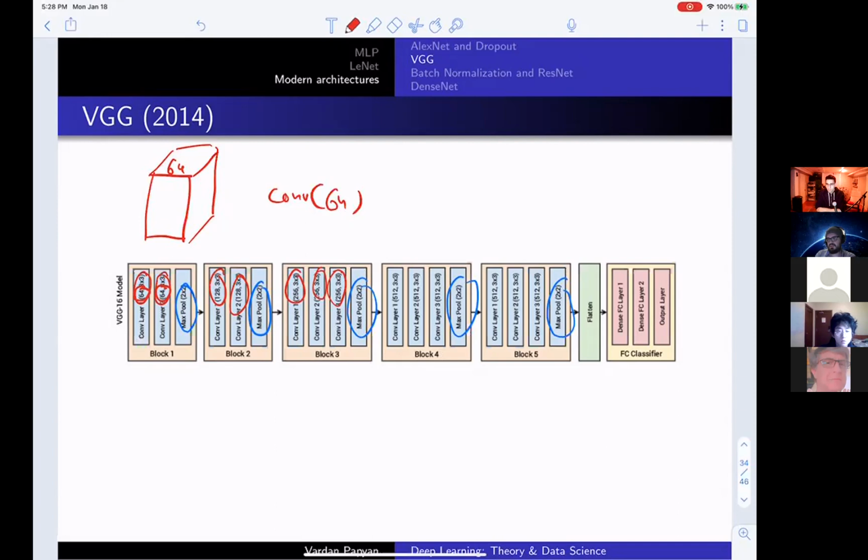Yes, it's the number of filters. And you can infer the side length, as you called it, of the tensor just by looking at the previous layer. Because if you have 64 filters, then the number of input channels to this module has to be 64 as well.